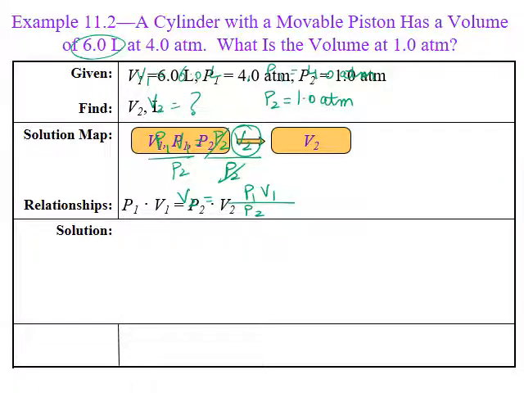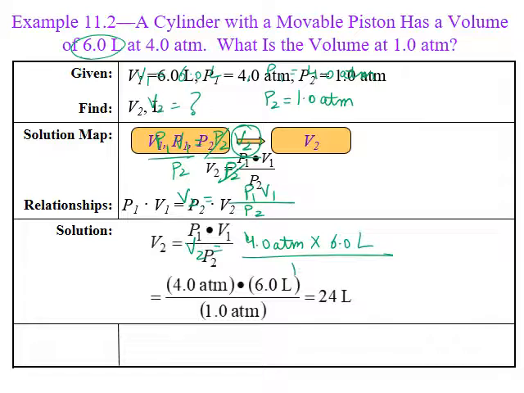Now simply plug in the values. P1 is in ATM, P2 is in ATM. Good. And V1 is right here. So P1 is 4.0 ATM times 6.0 liters divided by P2, which is 1.0 ATM.